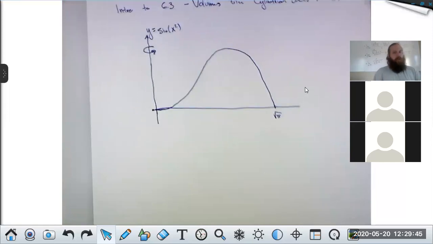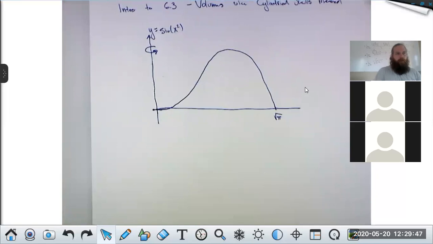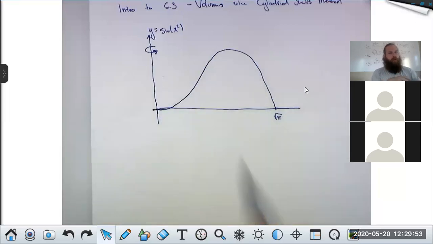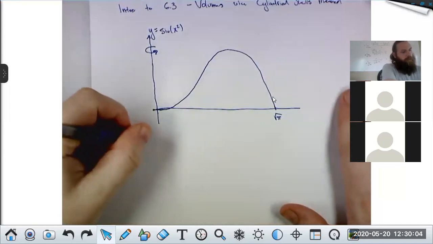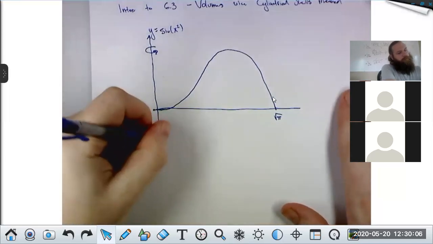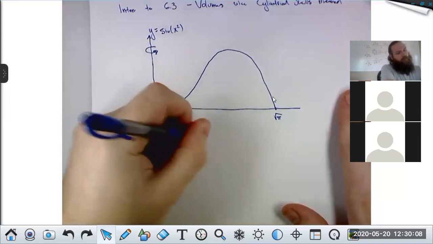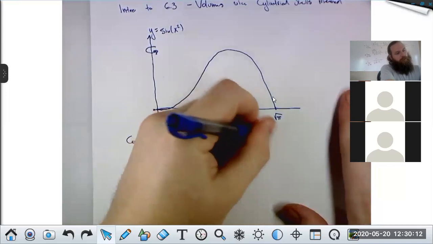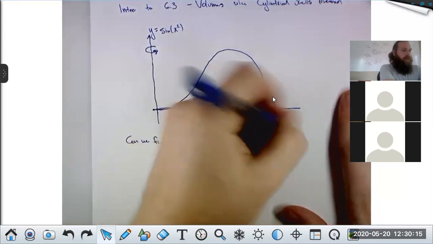If I wanted to do this using the method of disks and washers, would my strip be oriented horizontally or vertically? Right, horizontally. So let's pretend like I was going to do that. Can we find this volume via the method of disks and washers?